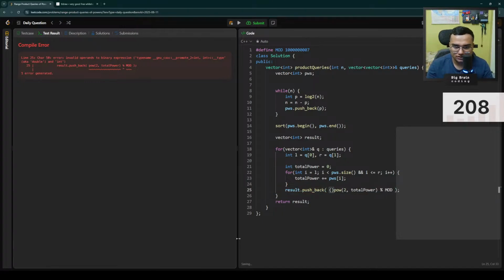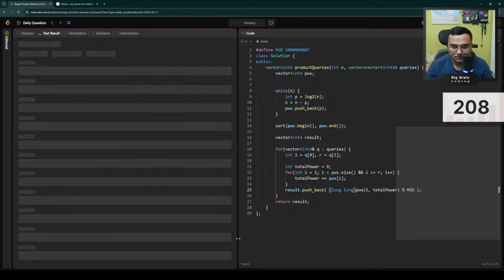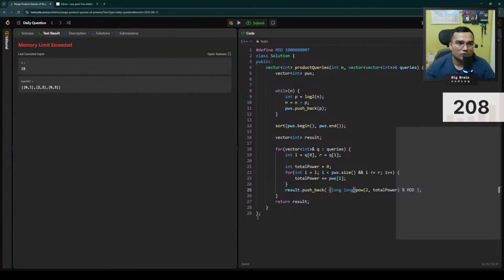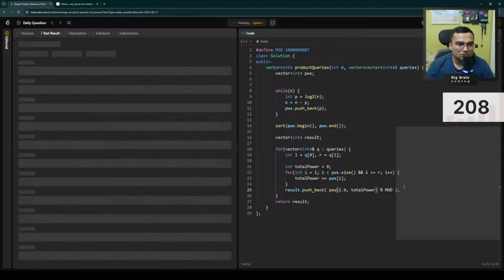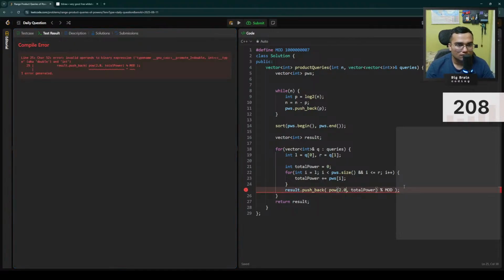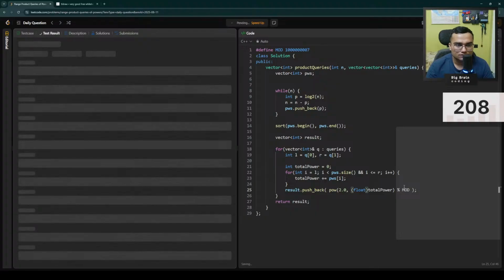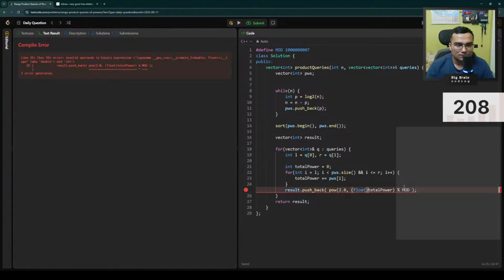Okay, let's cast this as long. Invalid operands to binary expression. So let's say this is also float, then what happens? Still bad.